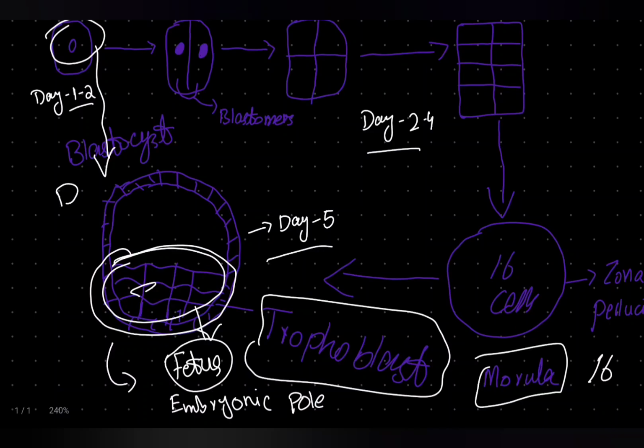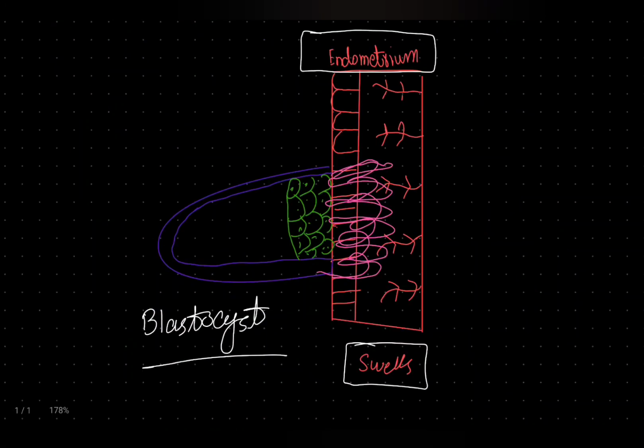On day 4 the blastocyst hatches from the zona pellucida. In the uterus, the blastocyst comes from the fallopian tube and attaches on the uterine wall, and this is called syncytial trophoblast. The blastocyst is connected with the endometrium, which is the wall of the uterus.